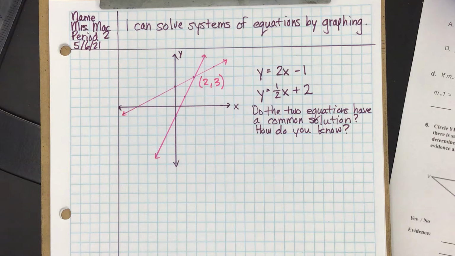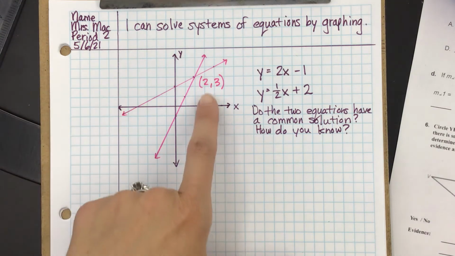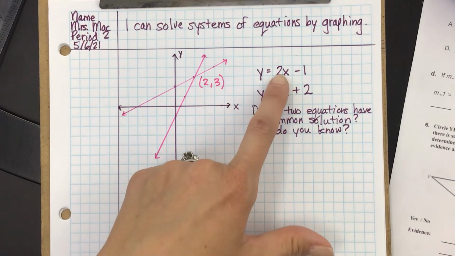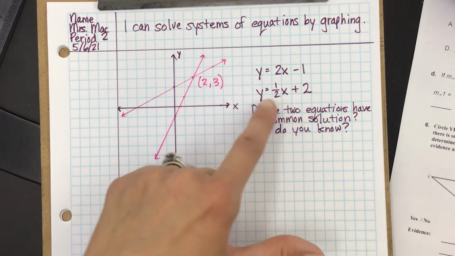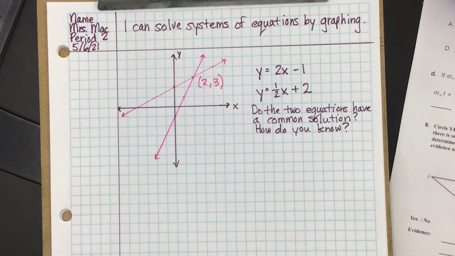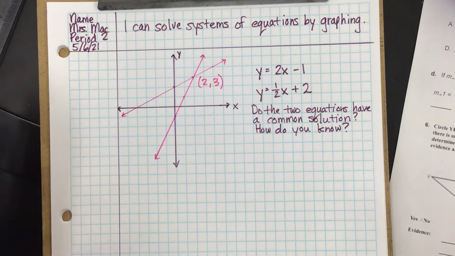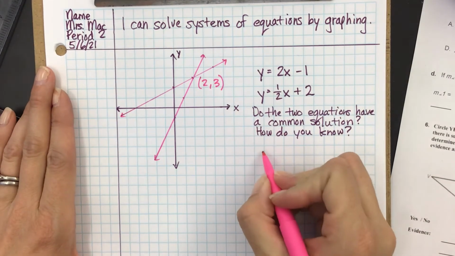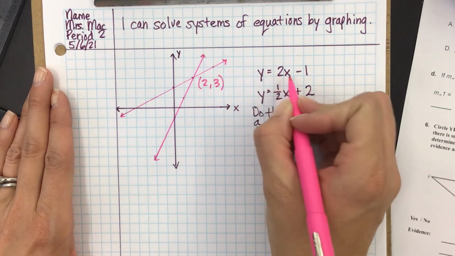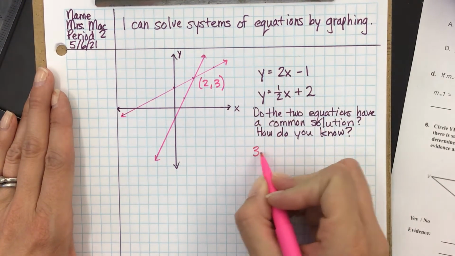Now we want to make sure that we did our graphing correct. So we're just going to verify it by taking this solution and putting it in for x and y for both equations and making sure that it actually does satisfy both equations. Okay, so I'm going to put in 3 for y and 2 for x here.